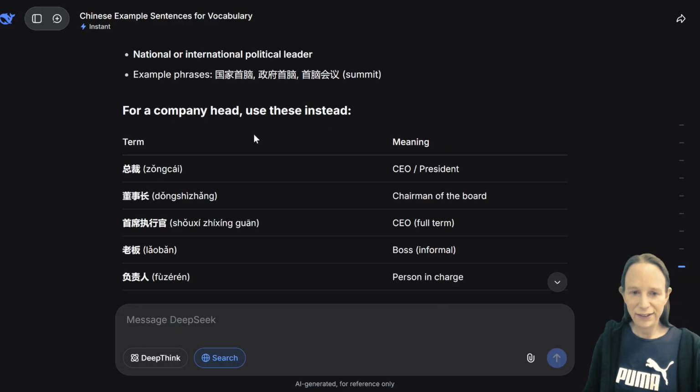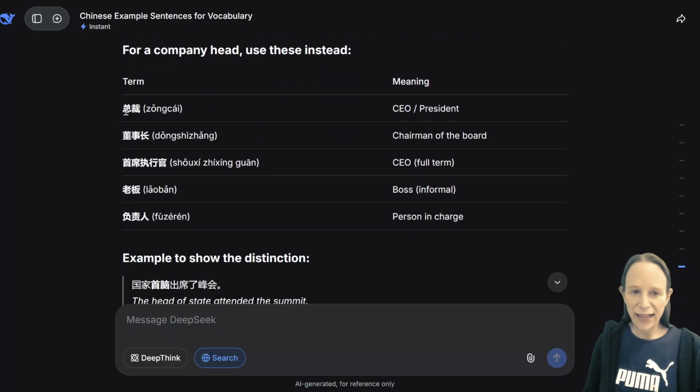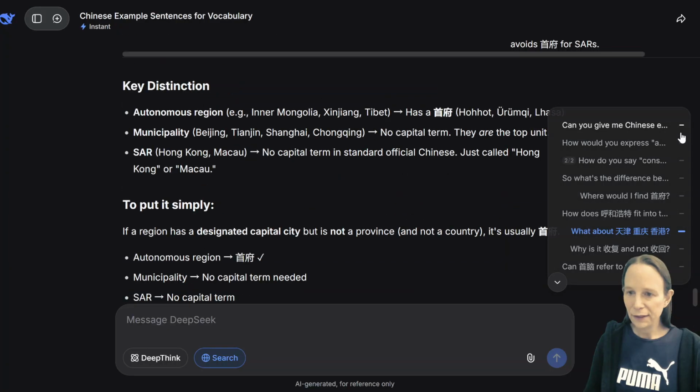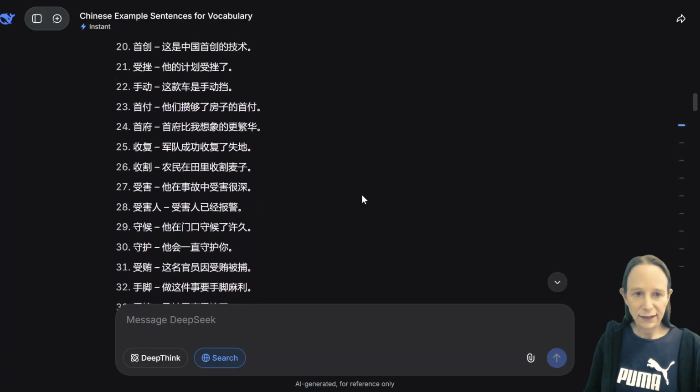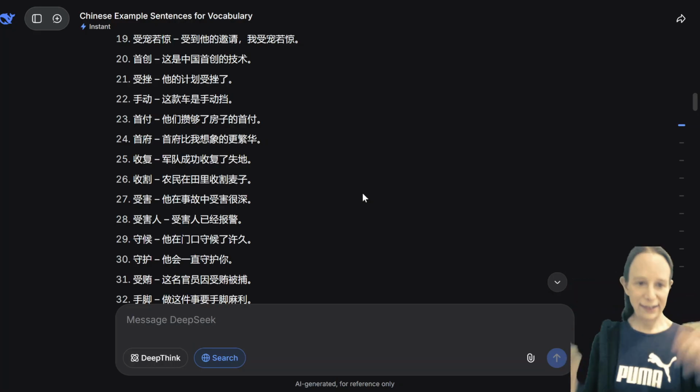Lots of debugging needs to be done. 总裁, yeah, that one. 董事长, yeah, definitely that one. 首席执行官, oh, full term. So this is the longer version of this one. 老板, or okay, 负责人, someone who's in charge. All right. Yeah, these business ones are kind of tricky for me.